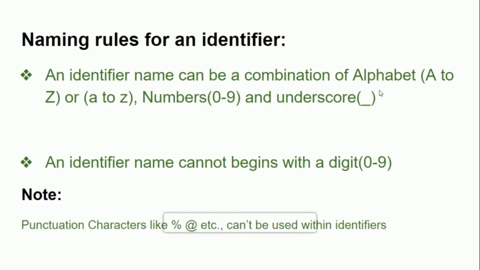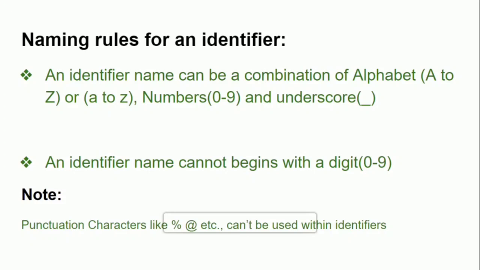Now, what are the naming rules for an identifier? An identifier name can be a combination of alphabets, capital A to Z or small a to z, numbers 0 to 9 and underscore. You can create identifier names using alphabets, numbers or underscores.